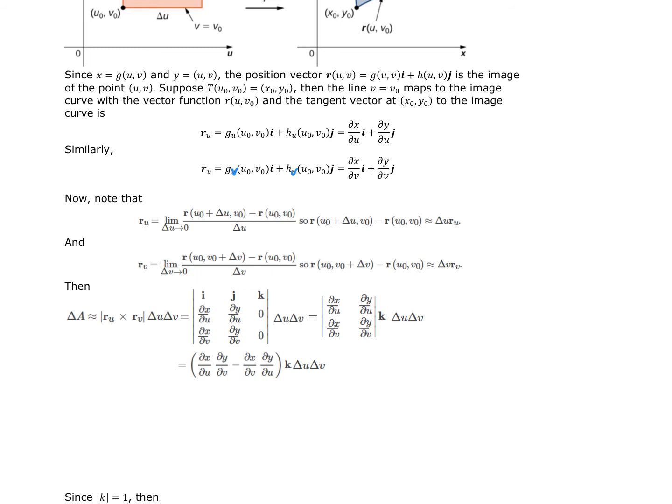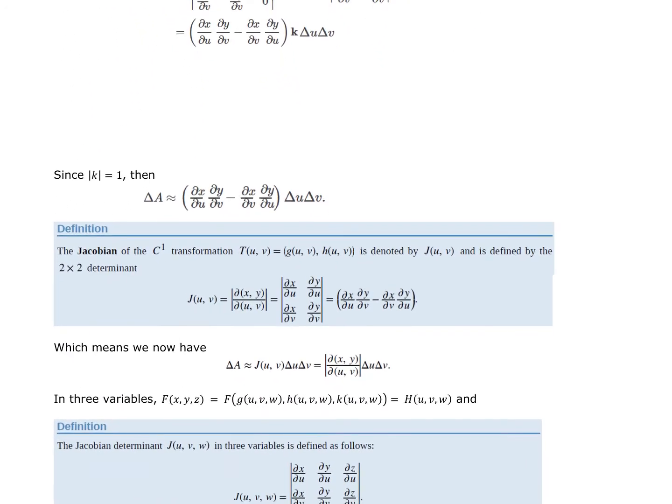But since we have k, the magnitude of k is 1, so my delta A is approximately equal to the absolute value of that determinant of partials, times delta u, delta v.